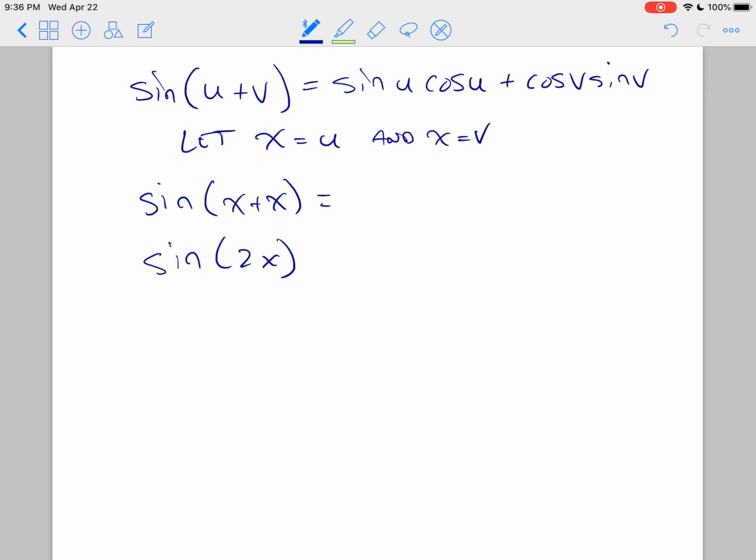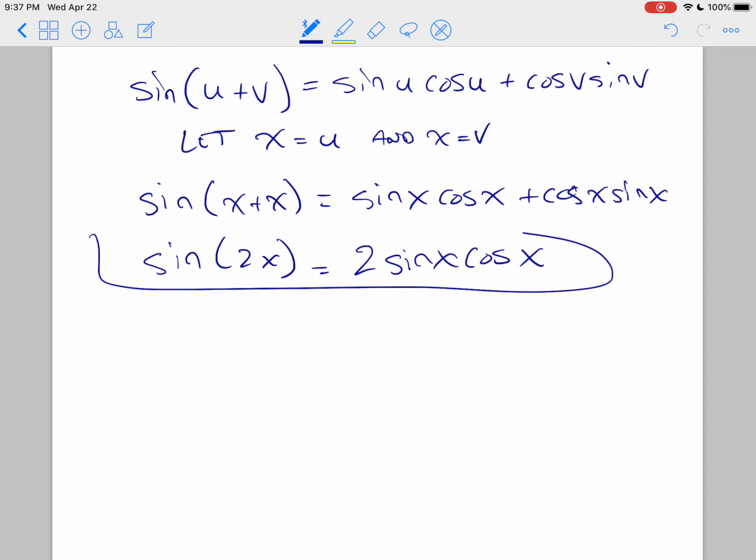And that gives me sine of x cosine of x plus cosine of x sine of x, which when we add together just gives me 2 sine x cosine x. So here's one of my formulas. That's the double angle formula for sine.